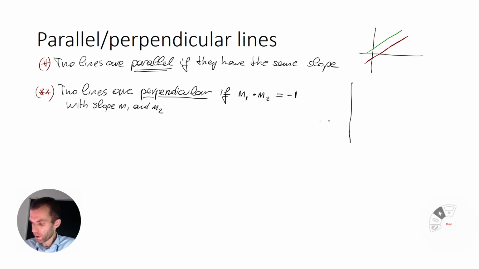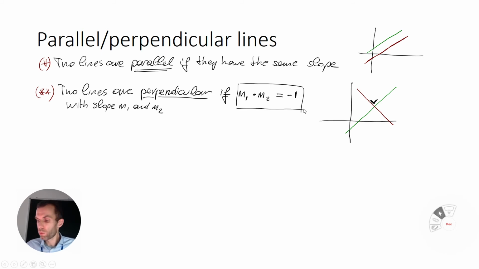And so perpendicular lines, no surprise here, are lines that make a right angle, like so. There's actually a small proof involved in deriving this expression for the slopes, but we will not cover that in this lecture. So just keep in mind, perpendicular means the product of the slopes is minus 1.